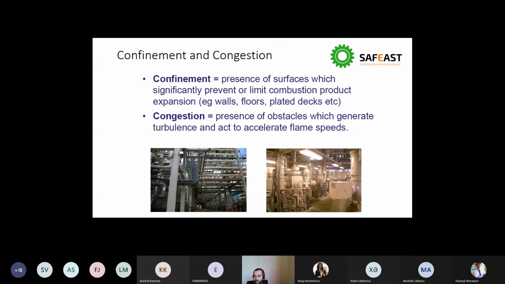As I said, in your home you have walls everywhere. So basically confinement is the presence of walls, like in your house. If you have an indoor domestic gas leak and there is ignition, it will result in an explosion because there is a wall.